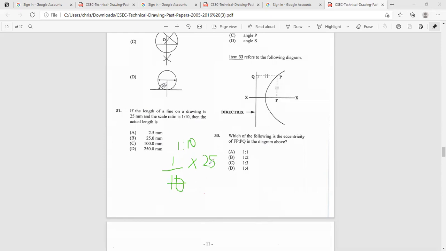We move the decimal place by 1, we get 2.5. So this is the correct answer.